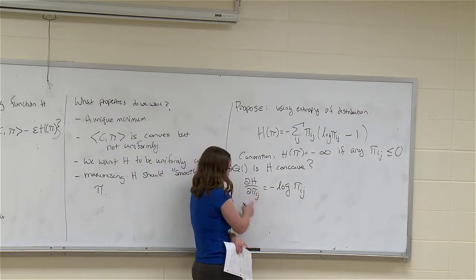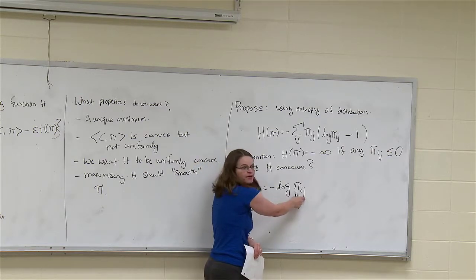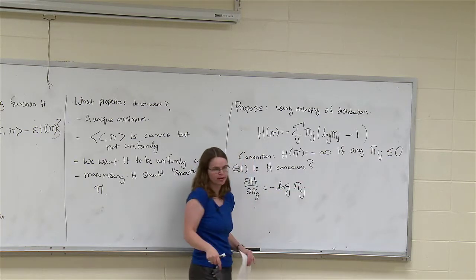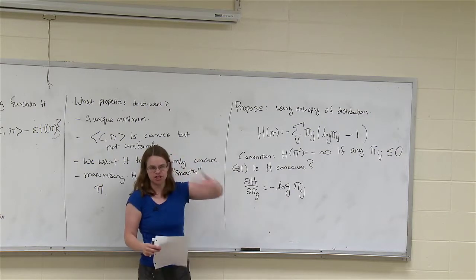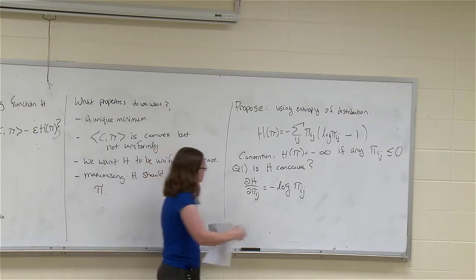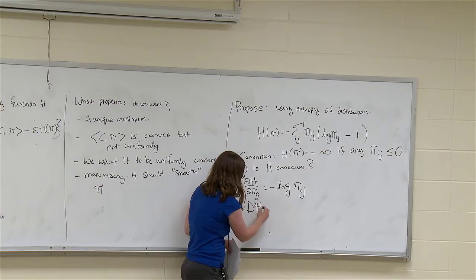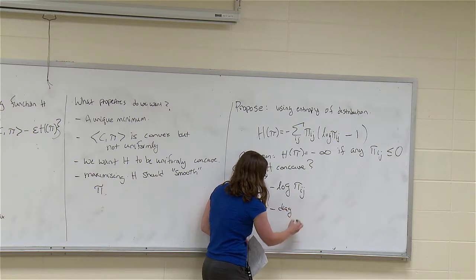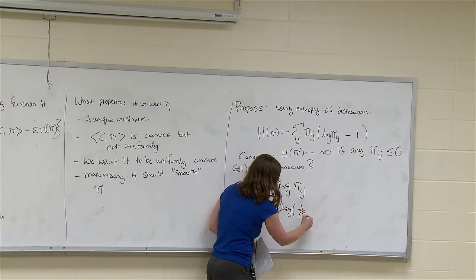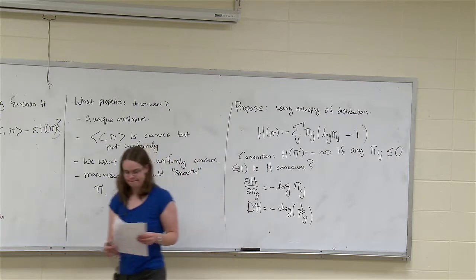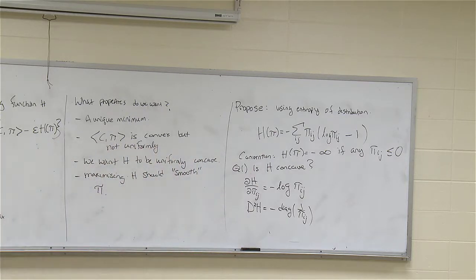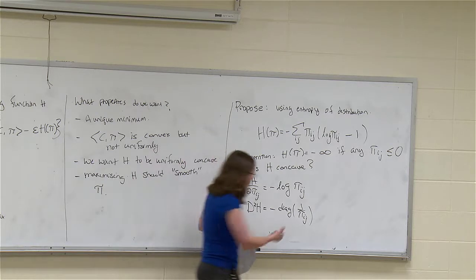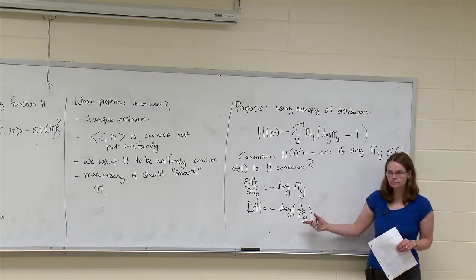Okay, if we're taking the derivative with respect to pi ij, it only depends on pi ij. It doesn't depend on any of the other values of pi. So if we look at the Hessian of this, the Hessian is actually a diagonal matrix. Okay, so the Hessian of this is actually minus the diagonal of all these 1 over pi ij's. Okay, all these pi ij's are between 0 and 1.